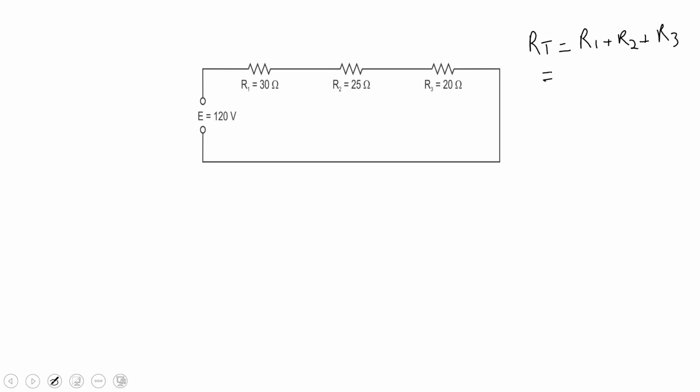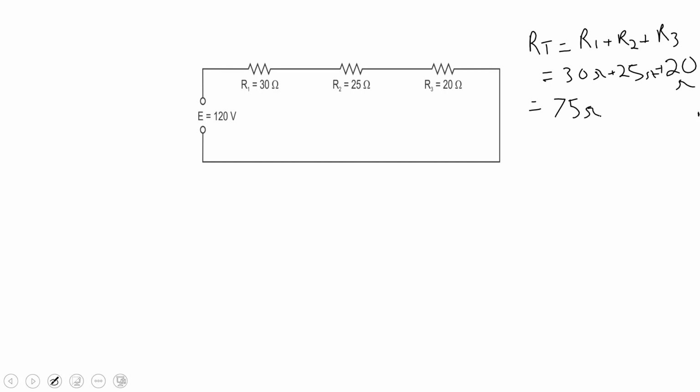In this case, we've got 30 ohms plus 25 plus 20 ohms, and that'll come to 75 ohms.